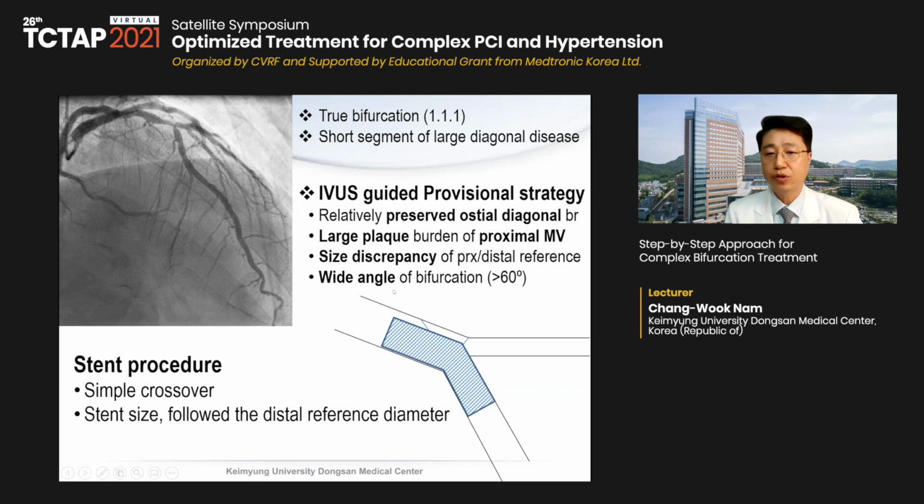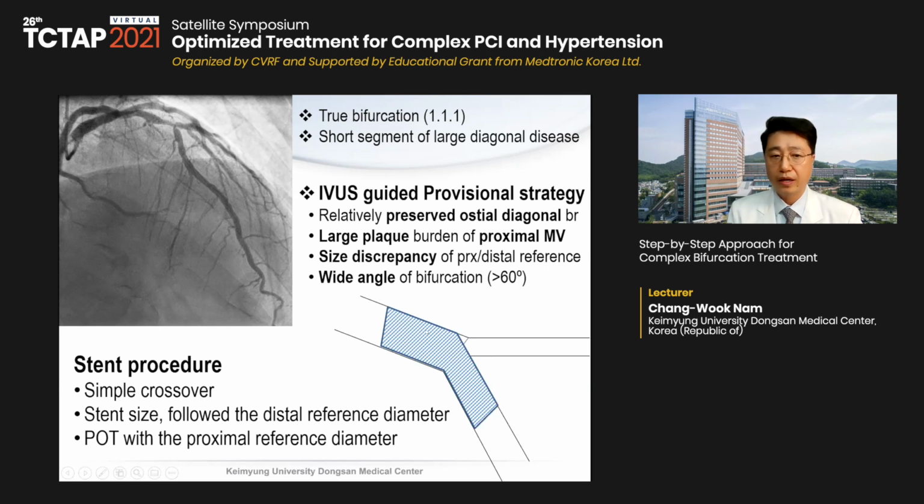So I decided on simple cross-over stenting, but I would like to follow the distal reference for stent size, because if you select a size larger than the distal reference segment, there is a higher chance of proximal plaque displacement that can induce side branch loss. And then we have to adjust the proximal part with the POT technique.